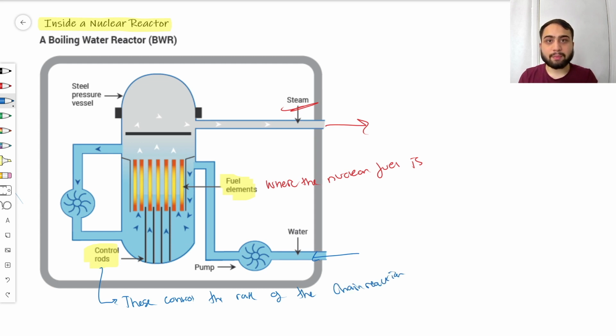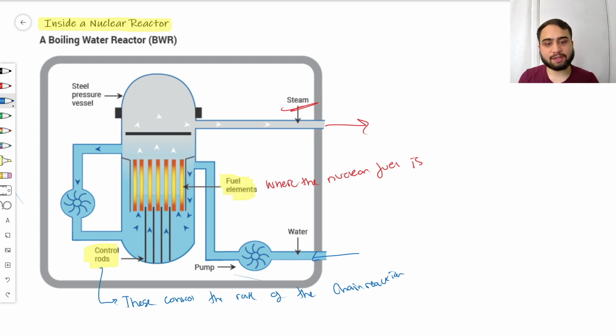Now, if you remember earlier on in the video, I told you that when one nucleus absorbs a neutron, it splits into several daughter nuclei and a few free neutrons. Those free neutrons then go on and get absorbed by other nuclei, and so those nuclei also split. They split into further daughter nuclei, and they release even more neutrons, and so on and so on. So you get a chain reaction.